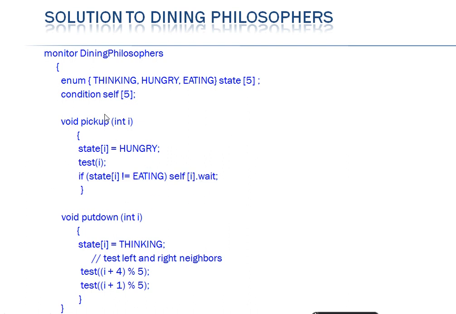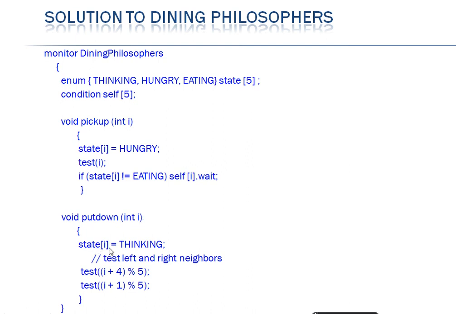So if it is not eating, then self of i will be taken to the waiting situation, right? Then putdown is again a function which is performed over i.